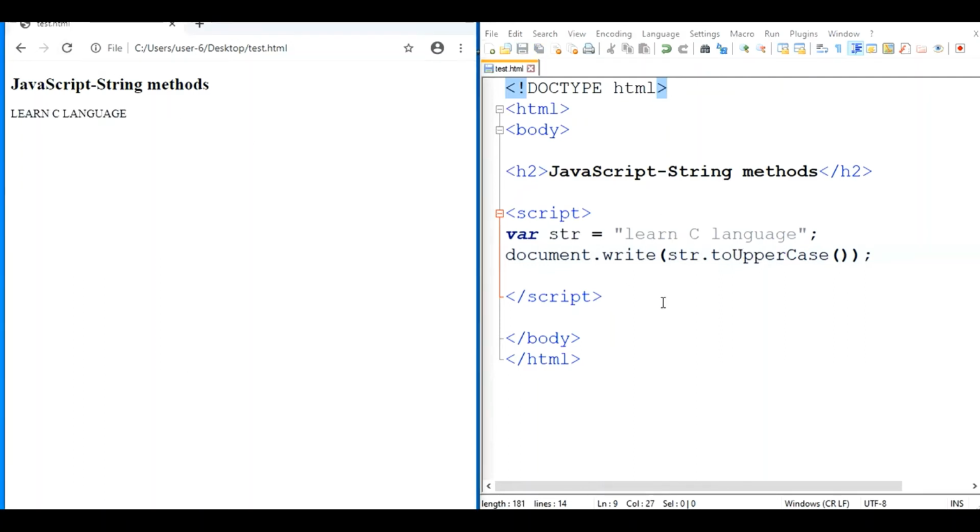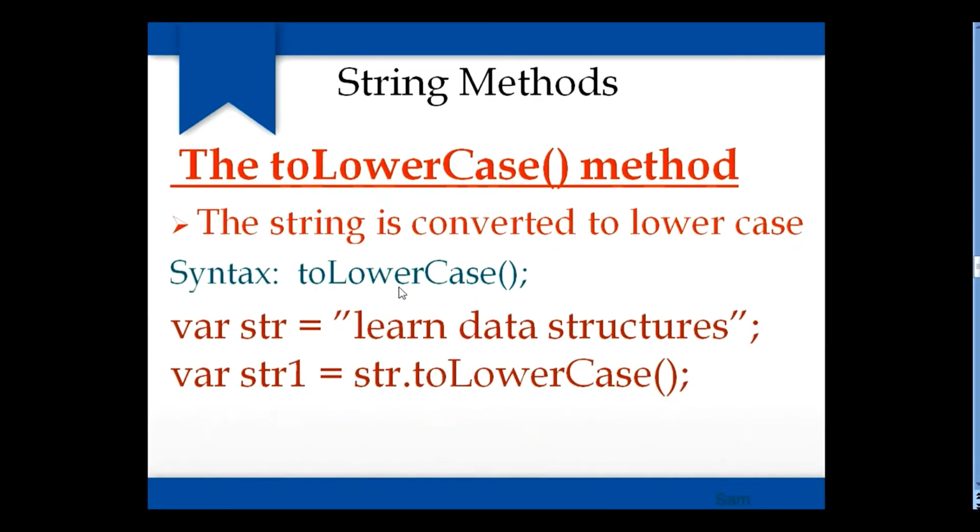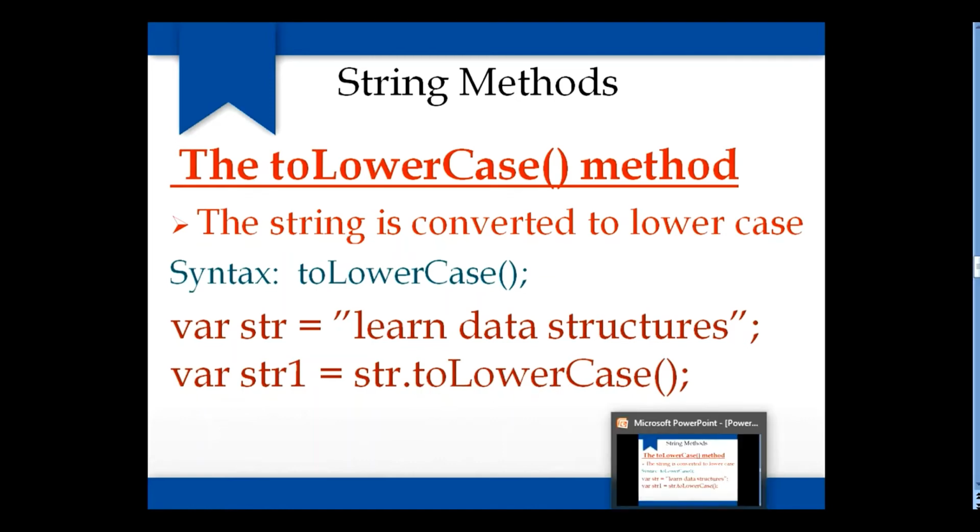Very similarly, we have one more method which is called toLowerCase, which is used to convert a given string to lowercase. If you give a string in capital letters, it will be converted to lowercase letters. If you give small letters, then small letters will remain.